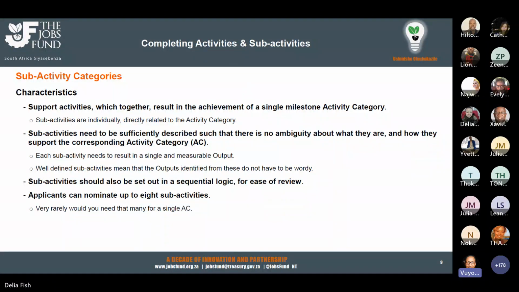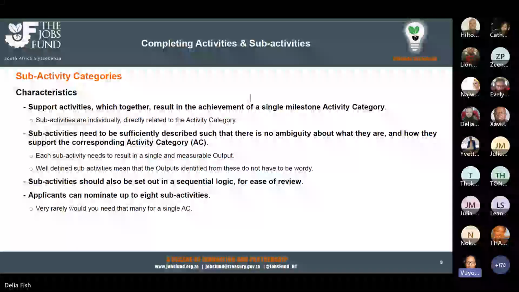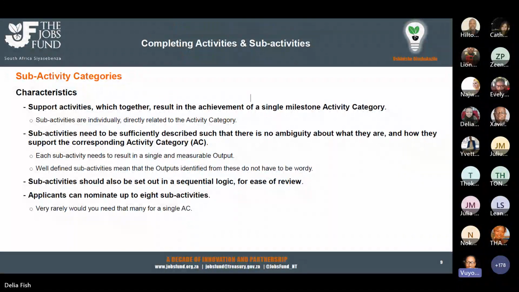Right, so we've spoken to activity categories, and now we want to go on to talking about sub-activities. Sub-activities are those activities that together result in the achievement of a single milestone activity category. So the combination of the different sub-activities work to bring about the realization of a key activity category.